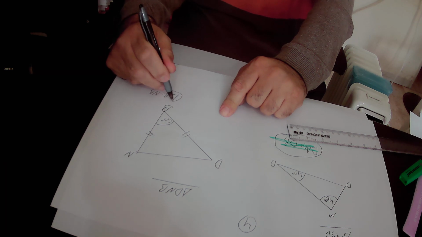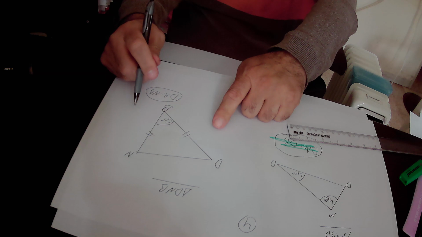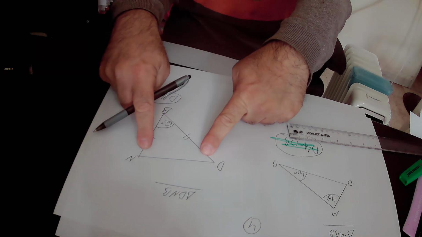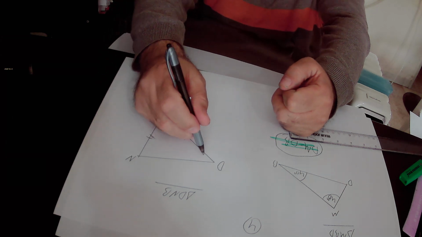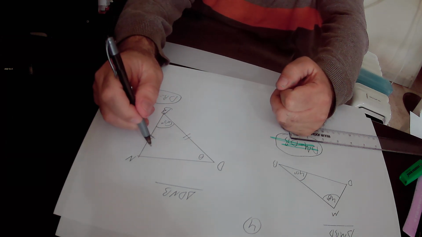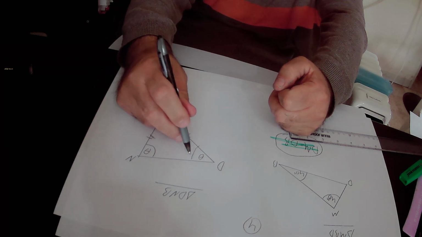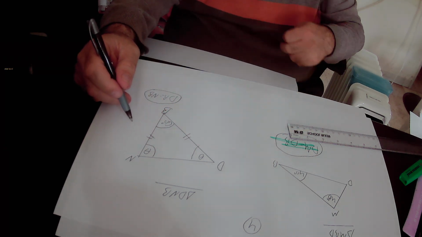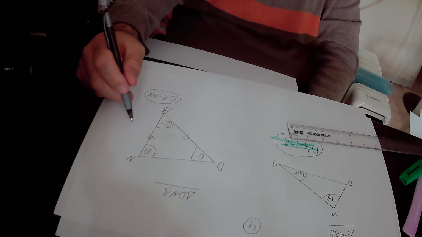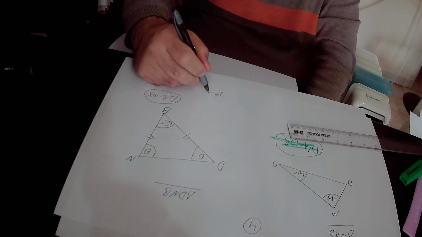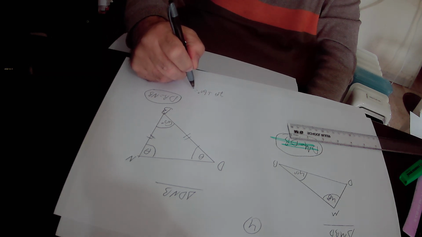Again, we have the rule that in front of equal sides in the triangle there are equal angles. So those two angles located in front of the equal sides must be equal to each other. If one angle is theta, then the other angle must also equal theta. The sum of the angles in triangle DNB must be 180 degrees. So theta plus theta is 2 theta, plus 60 degrees, in total must equal 180 degrees.